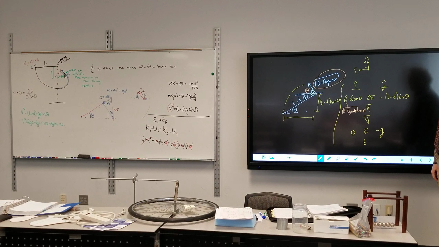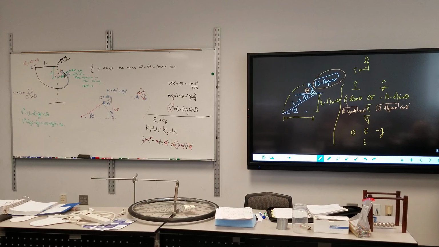And this would be the square root of L minus D G sine theta, sine theta prime. Now we've got a theta and a theta prime. That's sort of a nuisance. What's the relationship between the cosine of theta prime and either sine or cosine of theta?